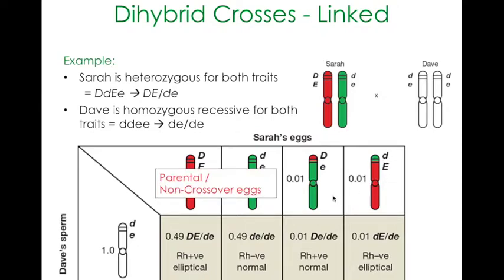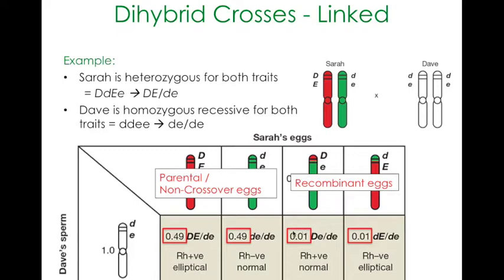Now, if that happens, we say that these eggs here are parental or non-crossover, and they have a higher possibility. The parental and non-crossover eggs always have a higher possibility than the recombinant eggs, because recombination is a very small percentage chance of separation, and so there is only a 1% chance of separation for those ones there, but a 49% chance for these ones over here each, right?